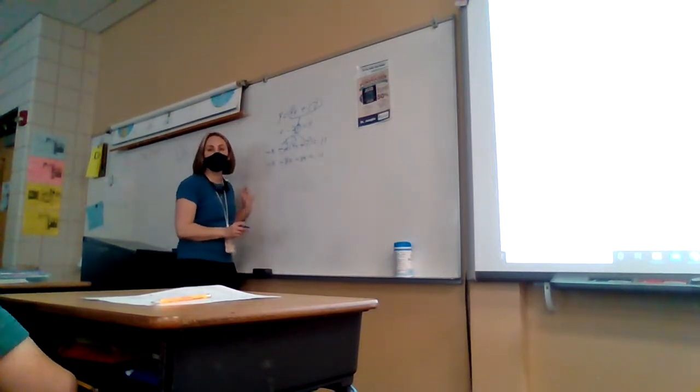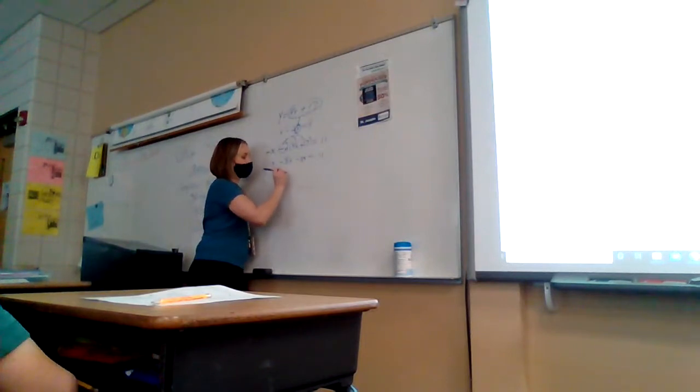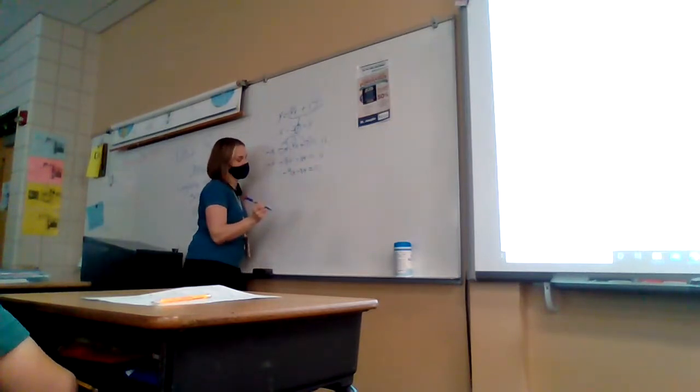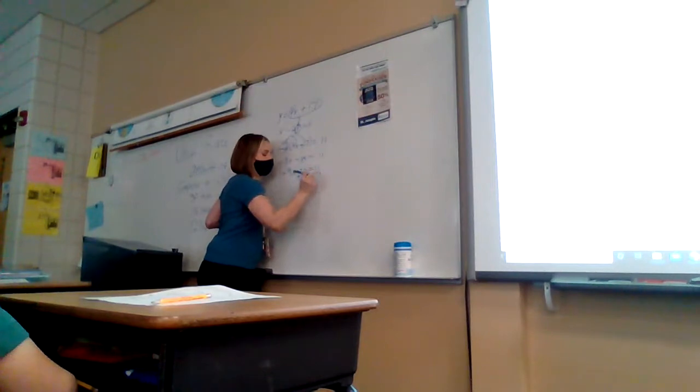What terms can we combine? Negative x minus 8x, so negative 9x minus 34 equals 11. Plus 34, plus 34. Negative 9x equals 45. So then x equals negative 5.